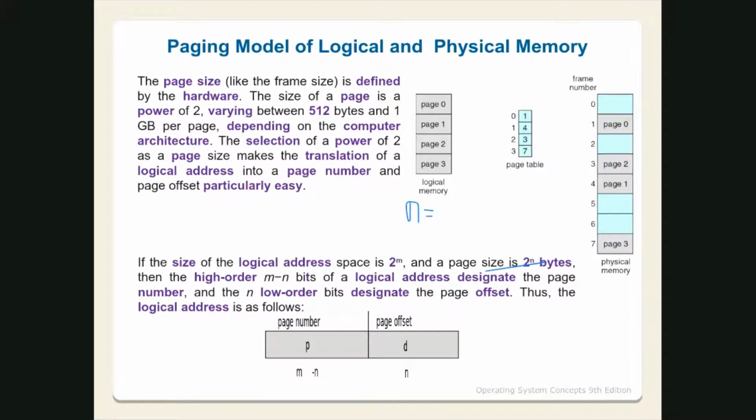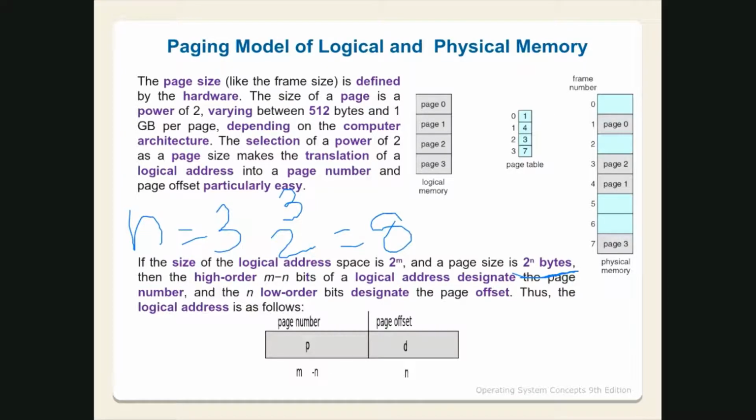So if n is equal to 3, what is your 2 power n? 2 power 3 is going to be 8 bytes.